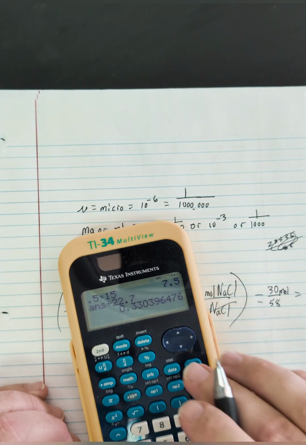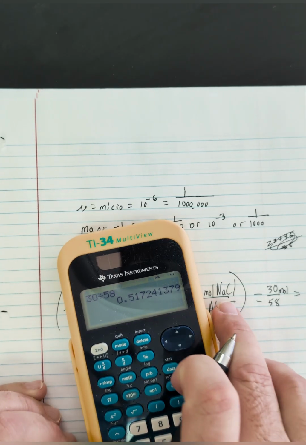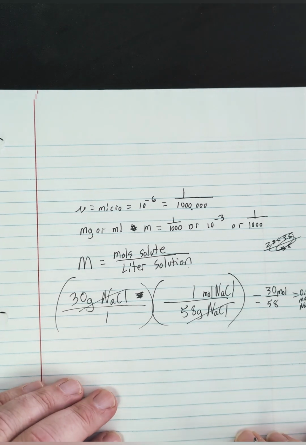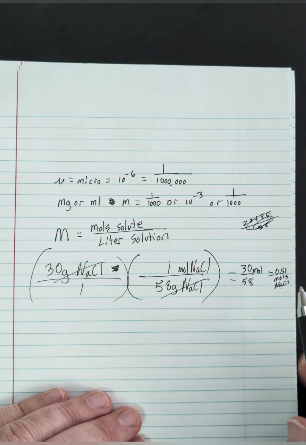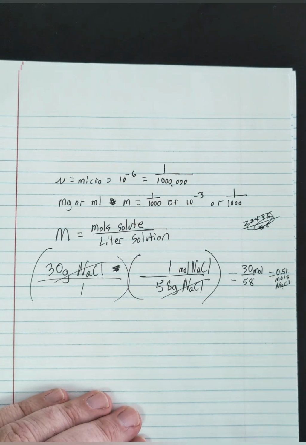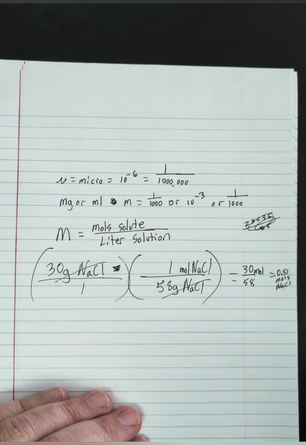And when we say 30 divided by 58, that's going to give us 0.51 moles of NaCl. All right, now that you have the moles, you can plug that in, divide by the number of liters, and that gives you the molarity. That should be fairly straightforward for you.